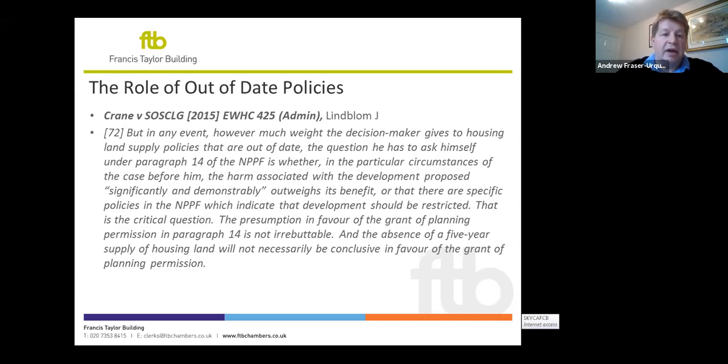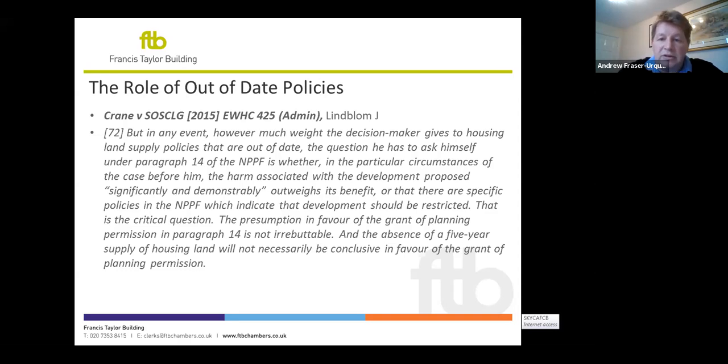There's a series of cases of which Crane is perhaps the most useful, and although they're decided under the old NPPF, are certainly still relevant, as we've seen through Gladman in the new NPPF. There's a range of cases which set out why and the circumstances in which out-of-date development plan policies may be relevant.